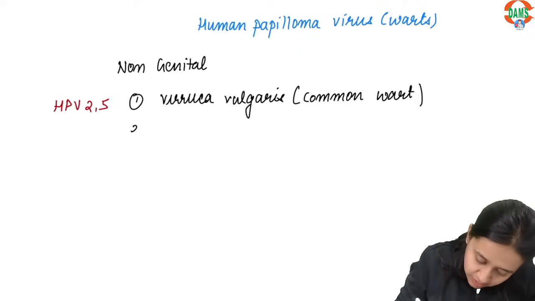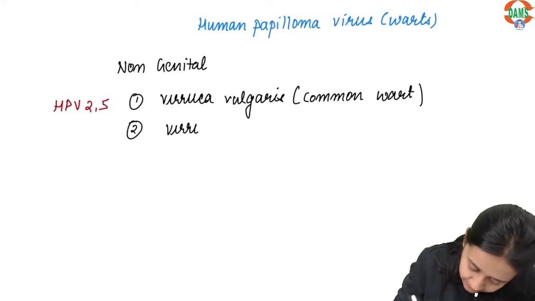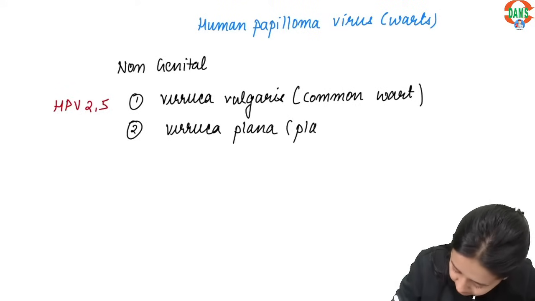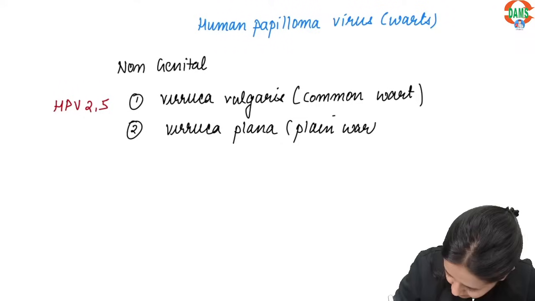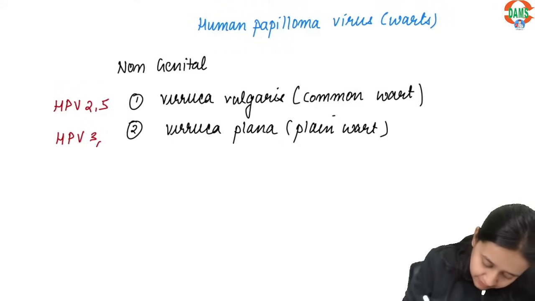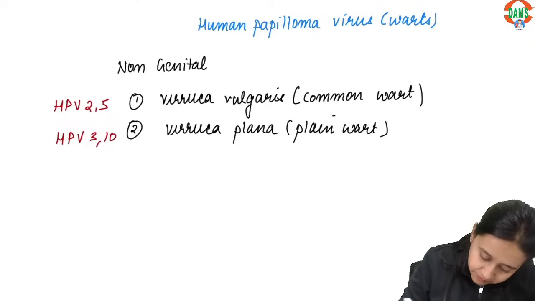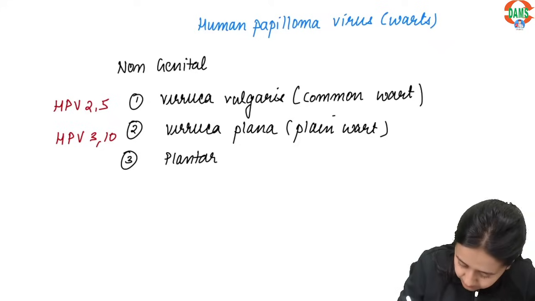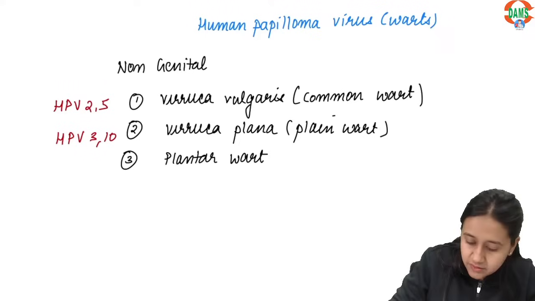Next, number 2, verruca plana, which is plain wart. What are the strains? It is HPV 3 and 10. Number 3, plantar wart, the warts present on the undersurface of the foot.